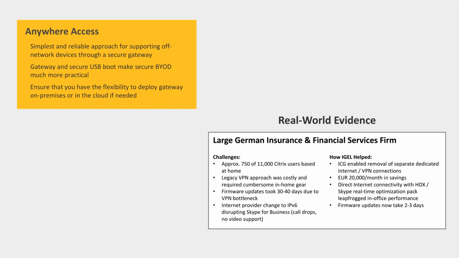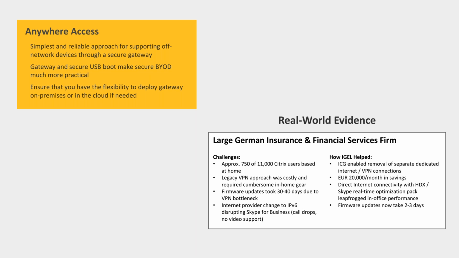The home users were relying on things like Skype for Business for phone calls. And as the internet service providers changed up their infrastructure, started adopting things like IP version 6 and so forth, suddenly they're getting increases in the number of dropped calls. They're having issues with letting those users use video for video conferencing meetings and things like that. So it was costly and not delivering a great user experience.